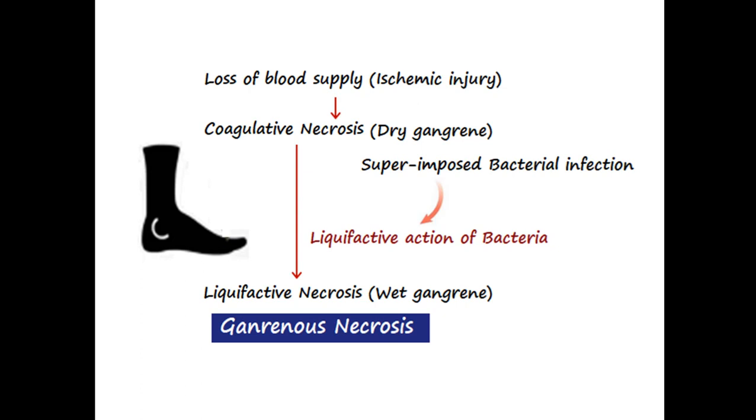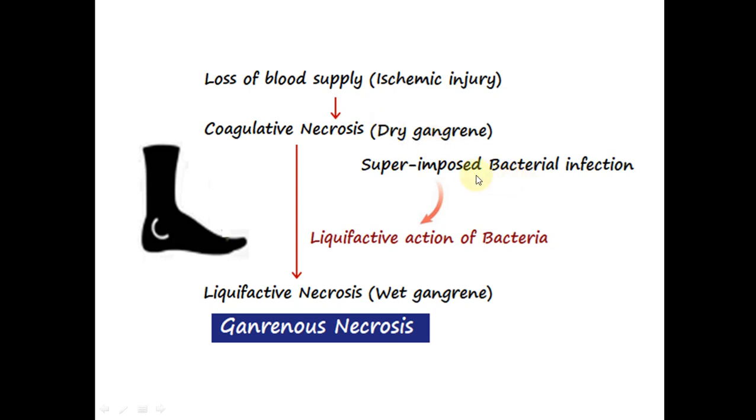There is ischemic or hypoxic injury, and at this time coagulative necrosis occurs. In the stage of coagulative necrosis, the tissue and the cellular outlines can be identified. And in this stage, we say it is dry gangrene.